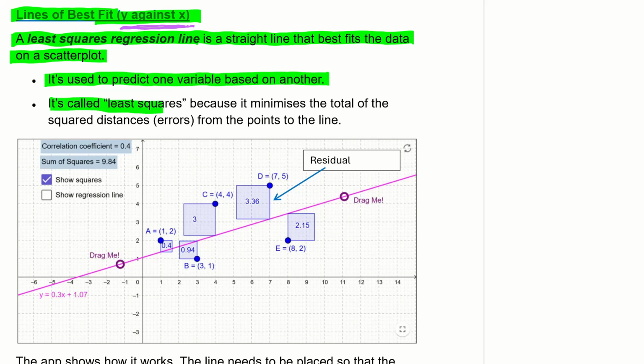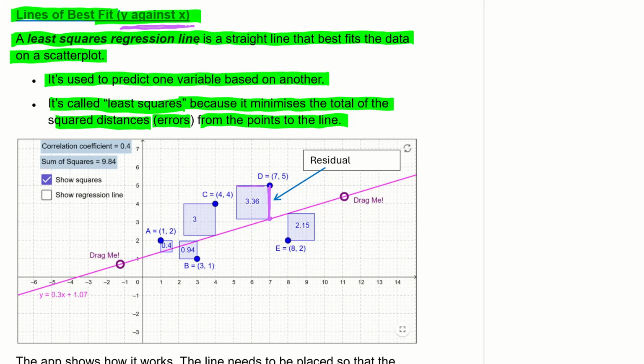It is called least squares because it minimizes the total of the square distances, or errors, or residuals, from the points to the line. In the case of y against x, we're looking at the residual in this direction. That is the gap between the actual data point and the line.